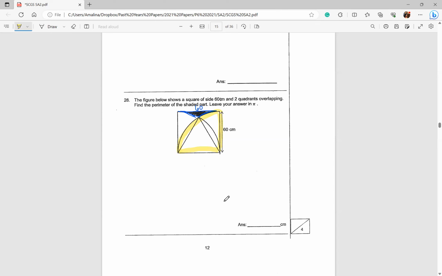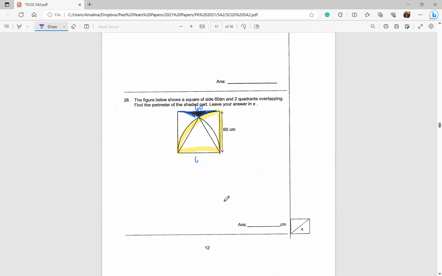This tells me that if this is 60, this must also be 60 cm. This must also be 60 because these two sides are the radii of your circle, of your quadrant.